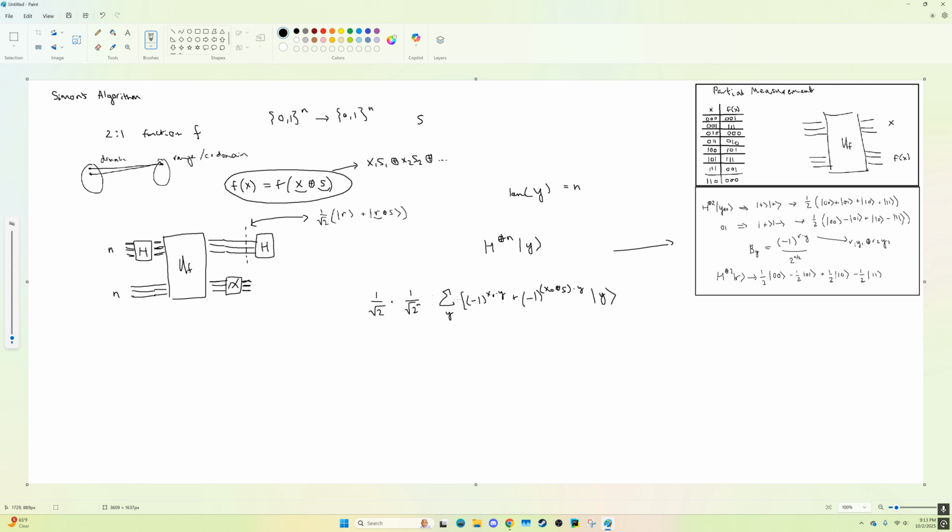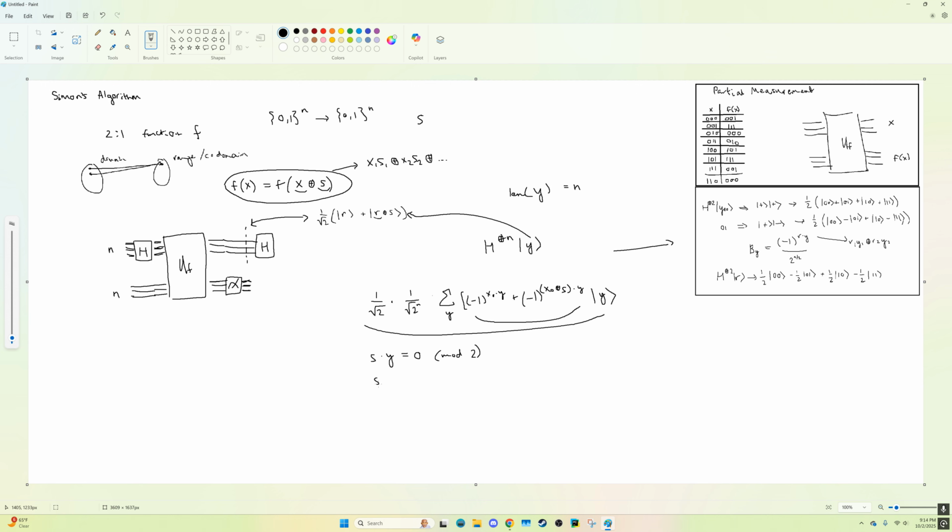Yeah. Okay, so if we apply Hadamard in sequence to some y, and in this instance y is this top register input, which is a superposition between the two possible inputs for the output that we measured. This is the expanded form, and this expanded form essentially guarantees that for two cases, the case where s dot y is equal to 0 mod 2, there is constructive interference in these coefficients right here.